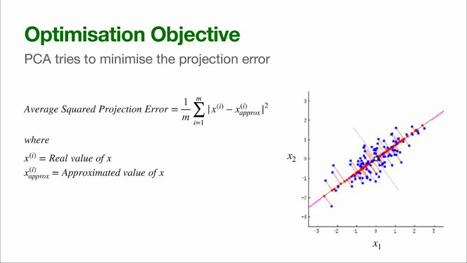This is the optimization objective. This is what we are trying to minimize. This is like a cost function, because when this is minimized, when we have the least value of this, we have the best lines, the best planes, or in general we can say we have the best principal components.